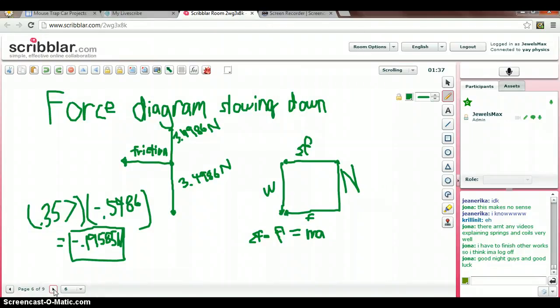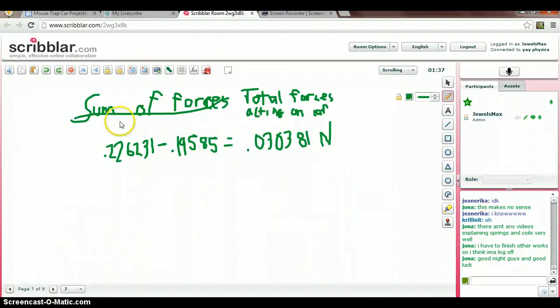Now moving on to the total force. Okay, so I crossed this out. That's not an underline, I'm sorry, because I worded it wrong.